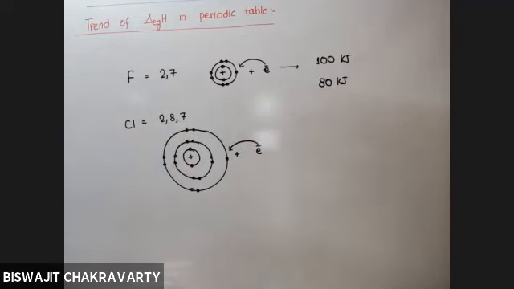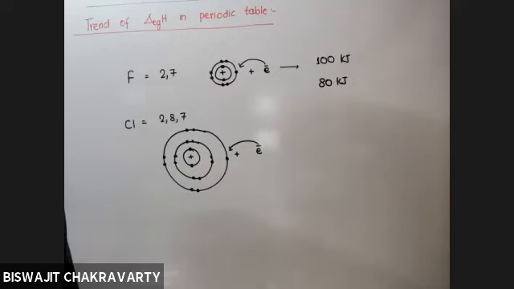What is the reality? How much energy is actually getting released? 80. It is releasing only 80 kilojoules. So there is a difference of 20 kilojoules or not? Yes, sir. So you were expecting 100 kilojoules of energy, but in return you are getting 80. That means the rest 20 is utilized in overcoming the force of repulsion between the electrons or not?